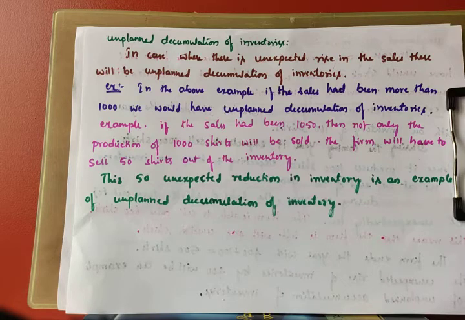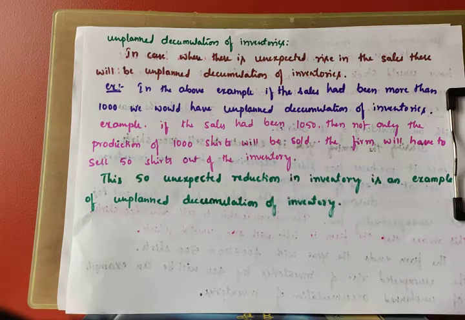As in the previous example, they decided to sell 1000 shirts and to keep an inventory of 100 at the end of the year. But here there is an unexpected rise in sales. If the sales had been 1050, they produced 1000 and decided to keep 100 as an inventory, but the situation is demanding 1050 shirts.